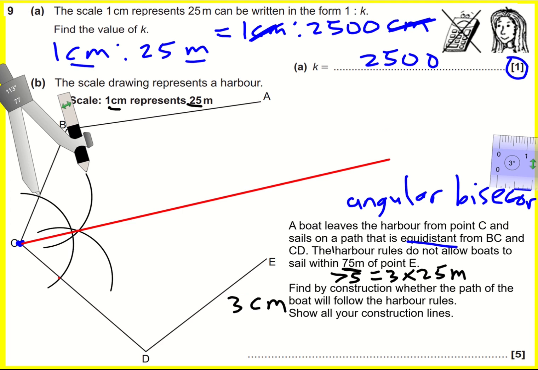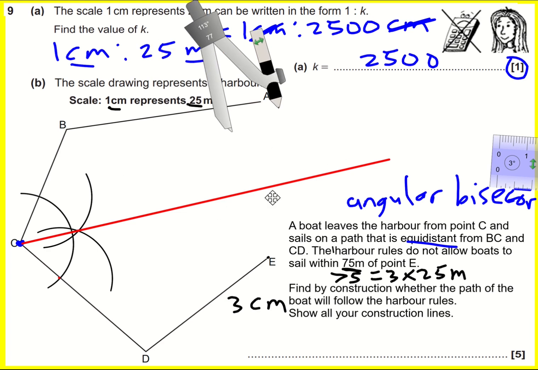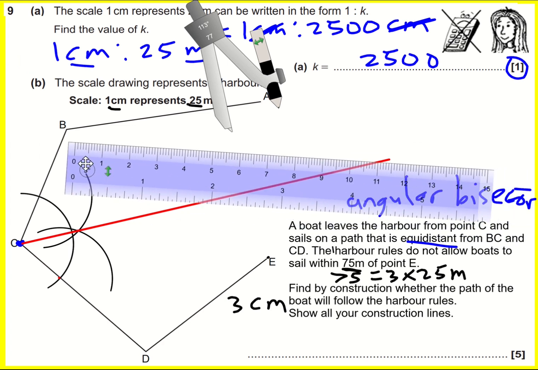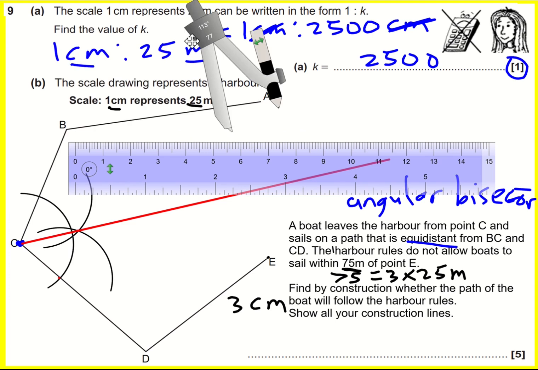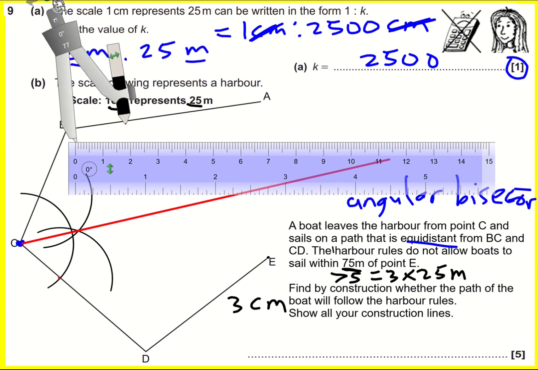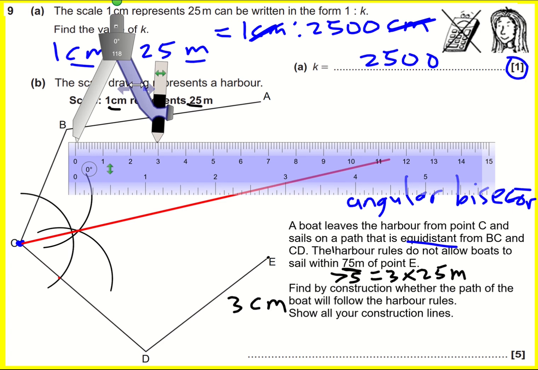So 3 centimeters from E, and for that, I need to get my compass again, because I shouldn't just use a ruler and do it at different angles. It says show my construction lines. So now I definitely need my ruler. Just going to rotate it so it's horizontal. There you go. Get my compass, put the point on 0, bring it around like this. Now I need to extend it a bit, exactly to 3 centimeters.